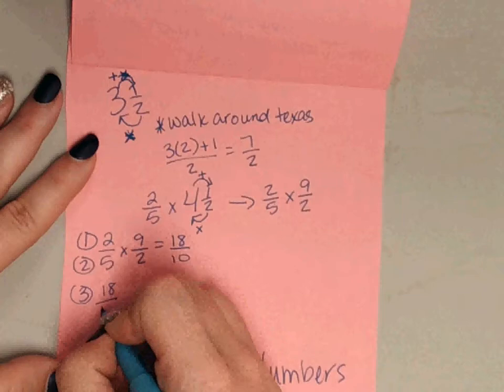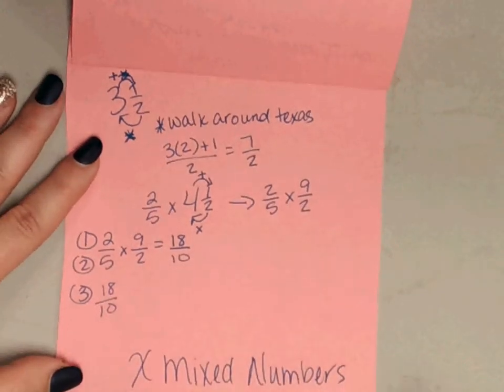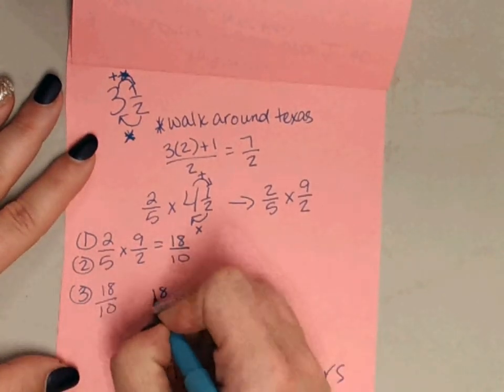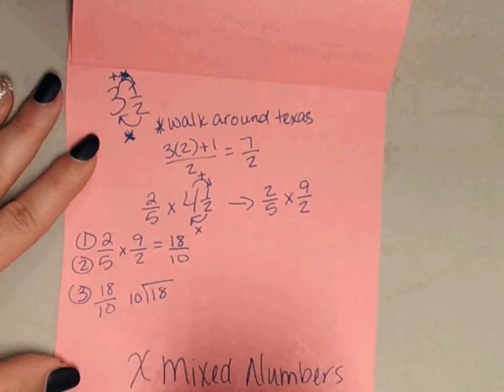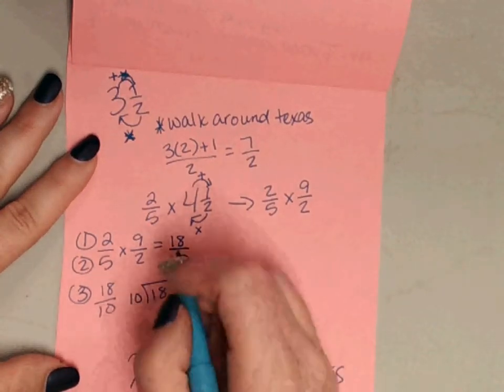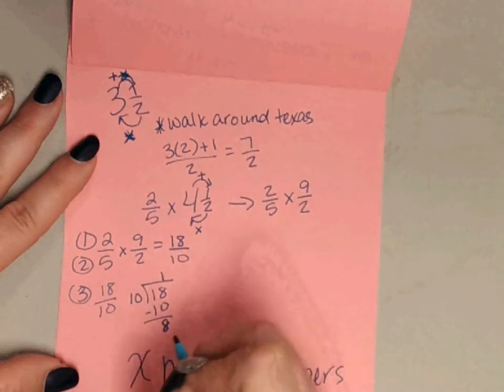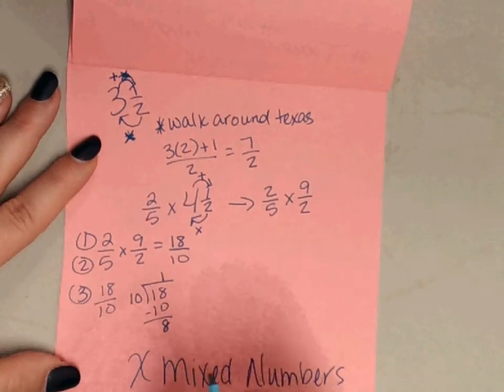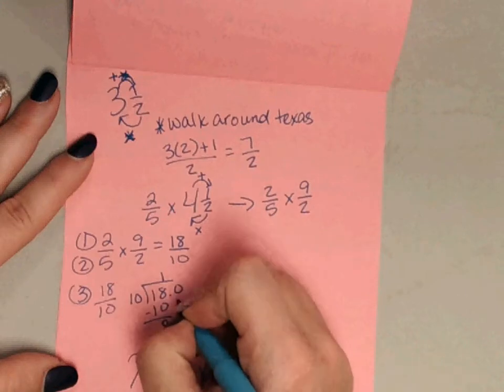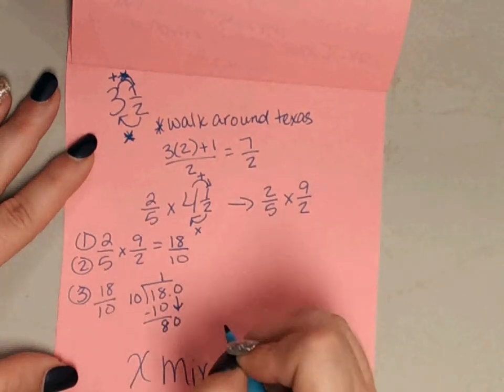So we have 18 over 10, which, you remember from our previous notes, means that we are doing 18 divided by 10. Well, 10 goes into 18 one time, which is 10. And then we have 8 left over, so we need to add a decimal and a 0 and bring it down.